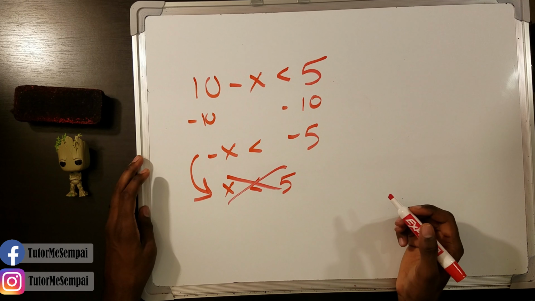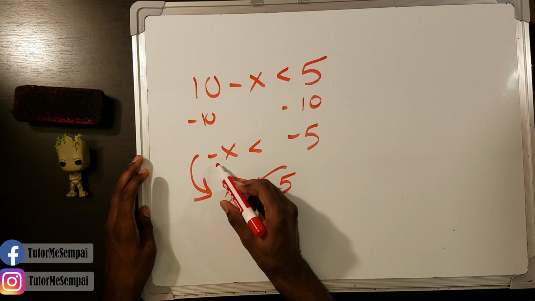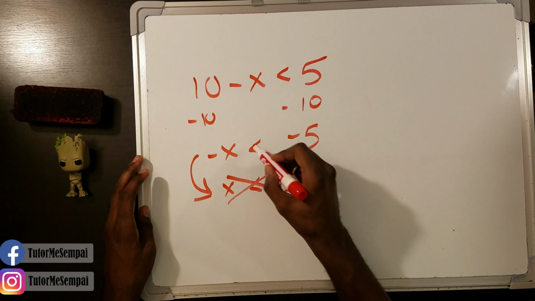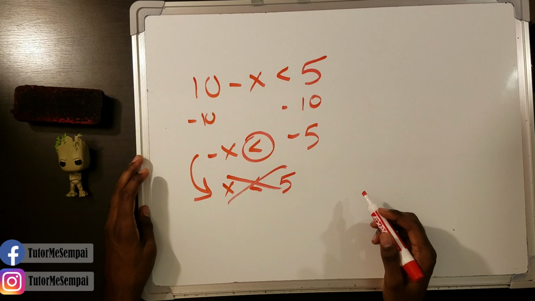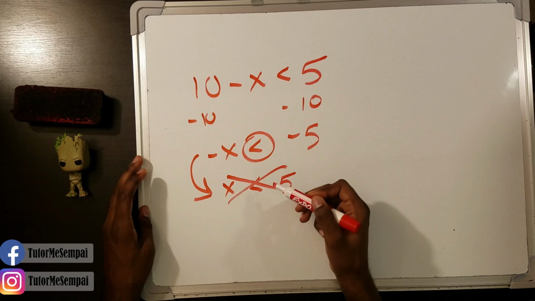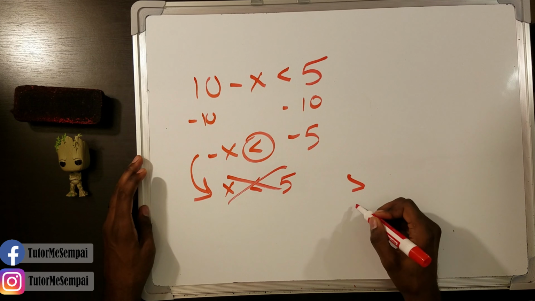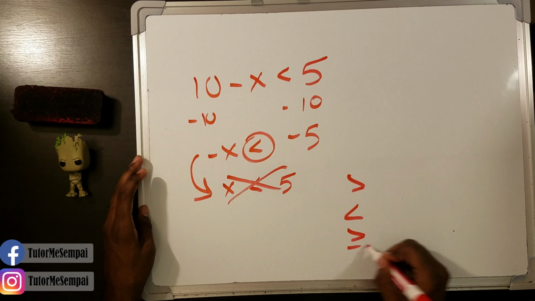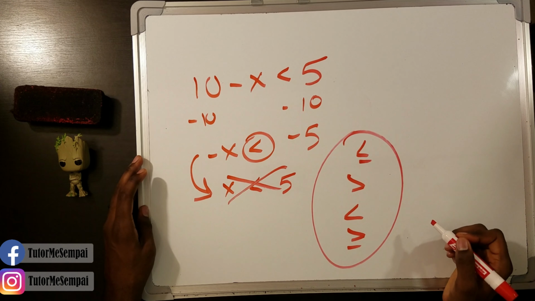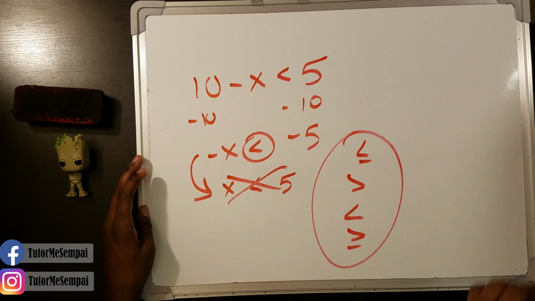The reason why is because whenever you're either multiplying or dividing by a negative number, you have to do something with the sign. You don't have to worry about this when it's an equal sign, but whenever you have these inequalities, whether it be greater than, less than, greater than or equal, or less than or equal, regardless of what sign it is, you have to switch it.